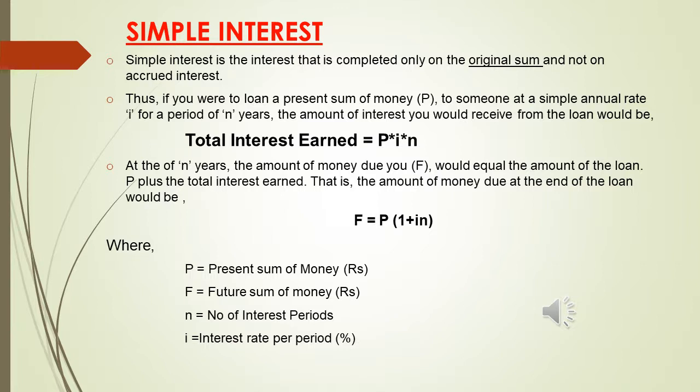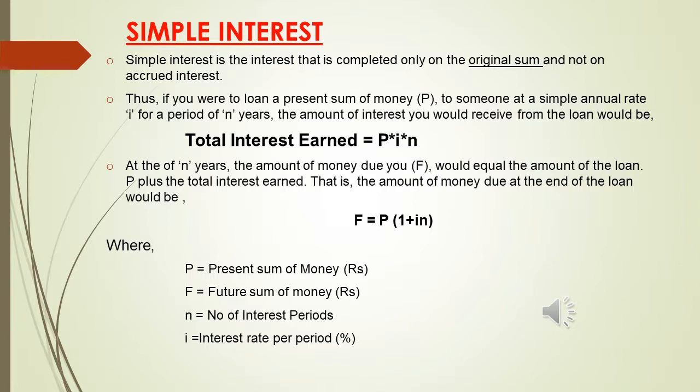Thus, if we were to loan a present sum of money P, the money that you are going to lend to someone, at a simple annual rate I, for a period of N years. So P is the amount of money, N is the years, and I is the interest rate.